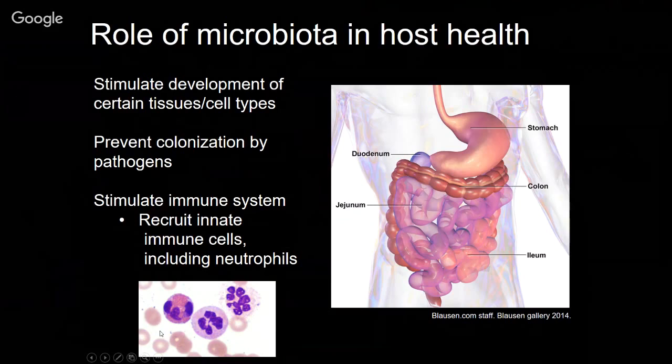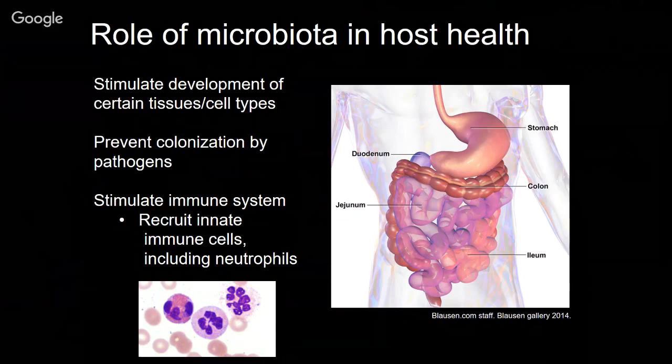So here I'm showing a stain of some different immune cells that will be found in the blood. We're specifically interested in neutrophils. Neutrophils are an innate immune cell that responds very quickly to a site of infection, but they're also naturally circulating within our body.